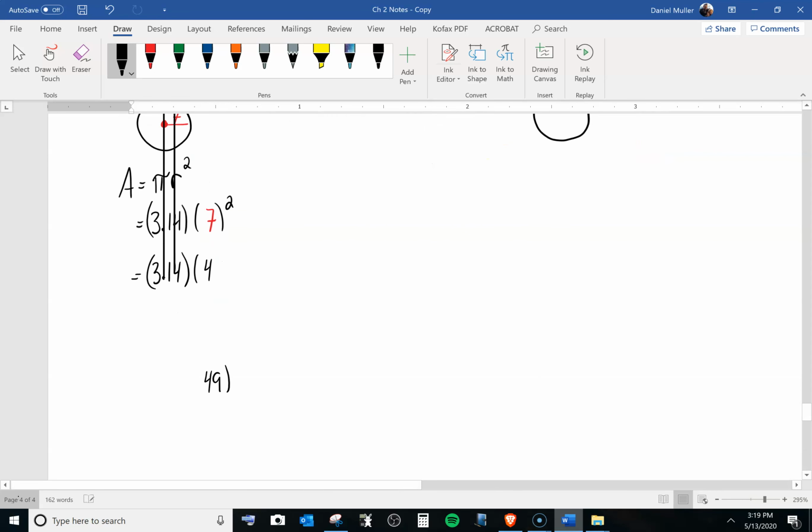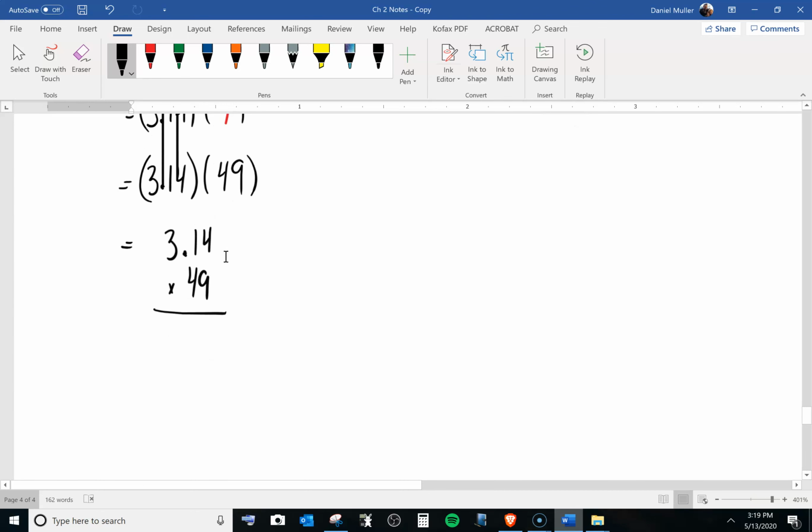I'm going to need to rewrite that in just a moment here because the computer is glitching. Now, I don't know how to multiply that in my head, so I'm going to write it vertically. And from what we did last lesson, you can see that the decimal place has been moved over twice for 3.14. So I'm going to multiply this like normal, and then I'll just make sure to move the decimal place back twice.